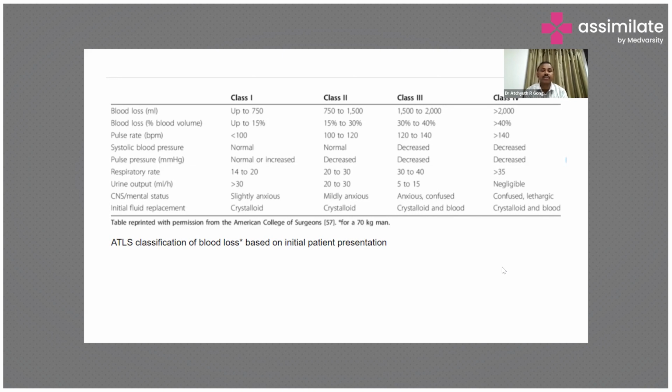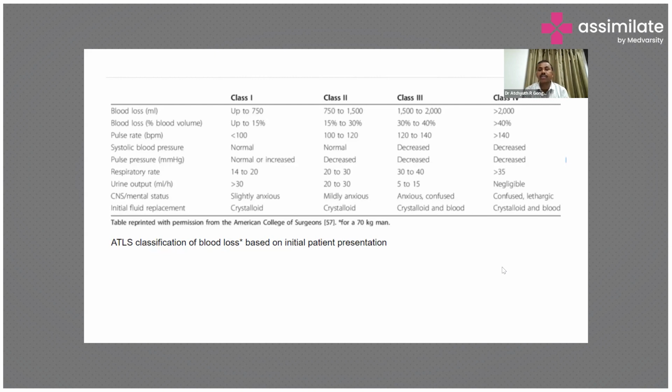The mental status, patient can be slightly anxious, and in this situation, the fluid of choice suggested by ATLS is crystalloid.